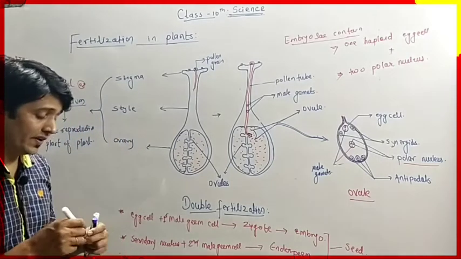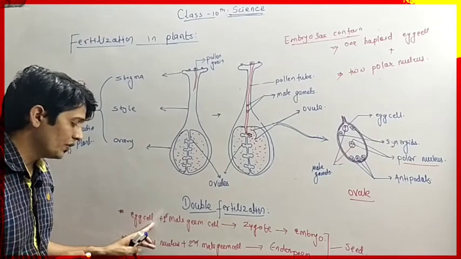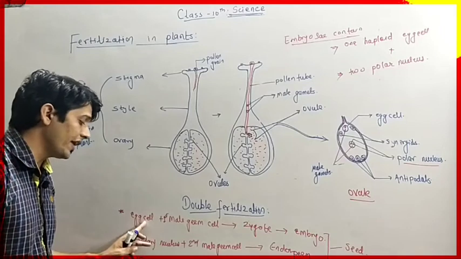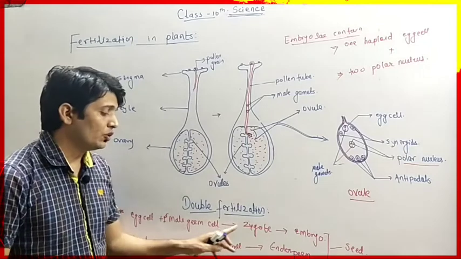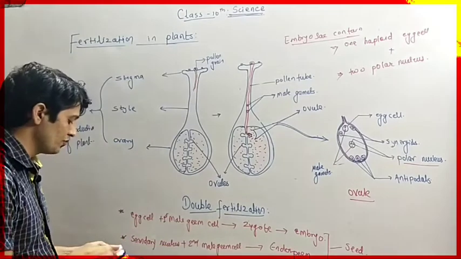So in this way the first fertilization takes place when the egg cell fuses with the male germ cell to form zygote. It is the first fertilization.